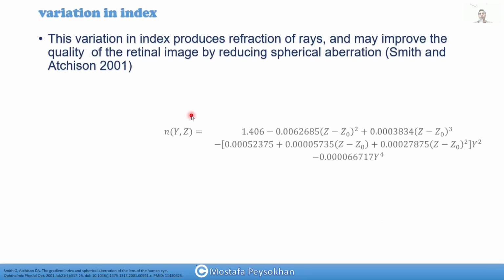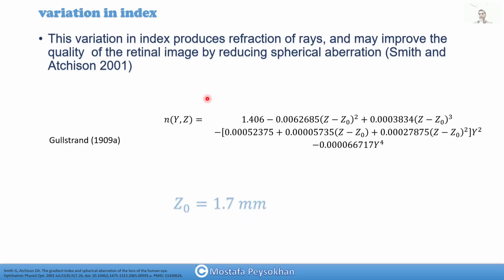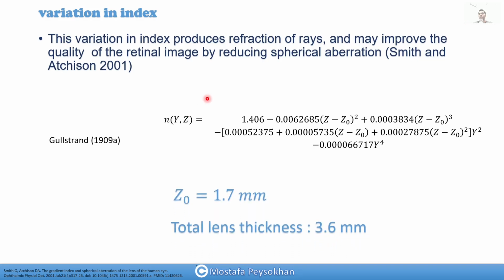So for the variation of the refractive index, we need a mathematical model. One good mathematical model was introduced by Gullstrand in 1909. In that model, we have a refractive index as a function of y and z. We have a constant number, which is 1.406.